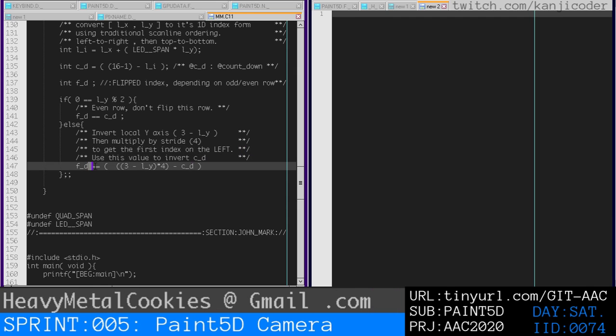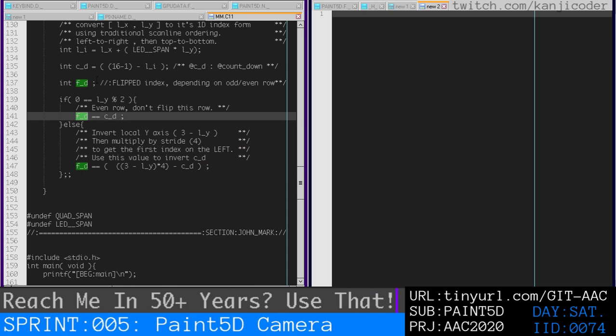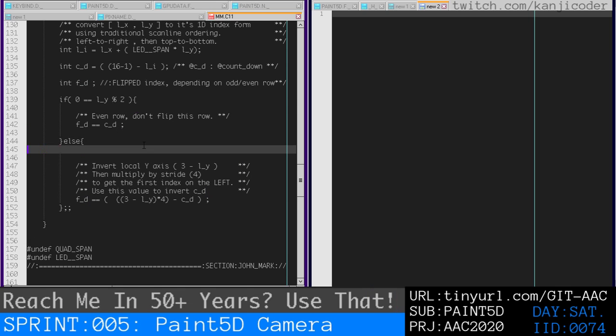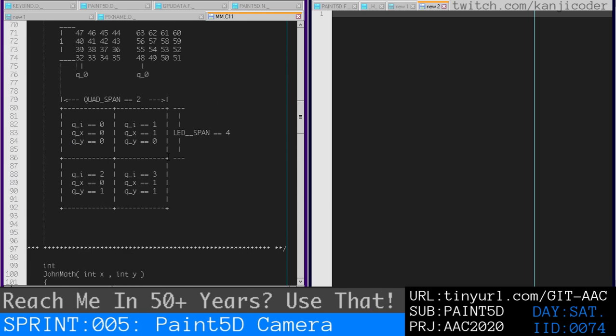So FD is going to equal this, right? We're going to use that to flip it. So depending on if we're odd or even row, odd row, flip this row. So FD should be the final output here.